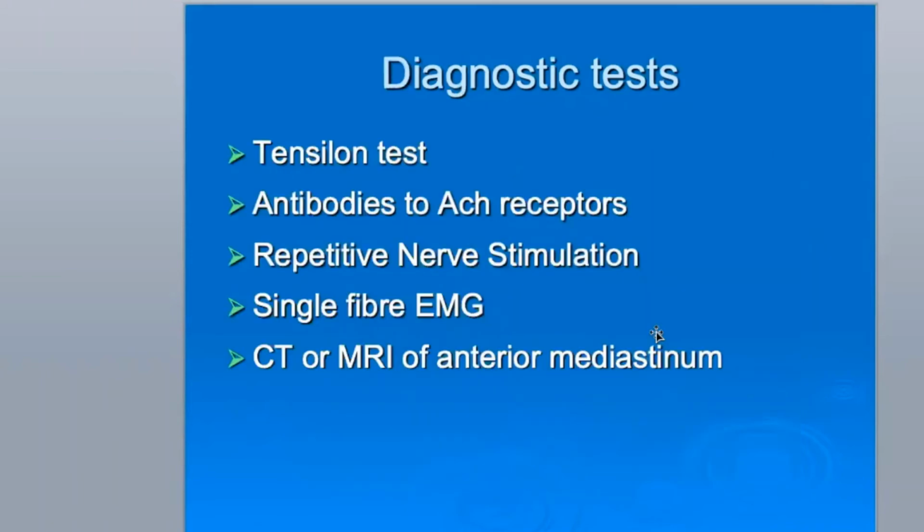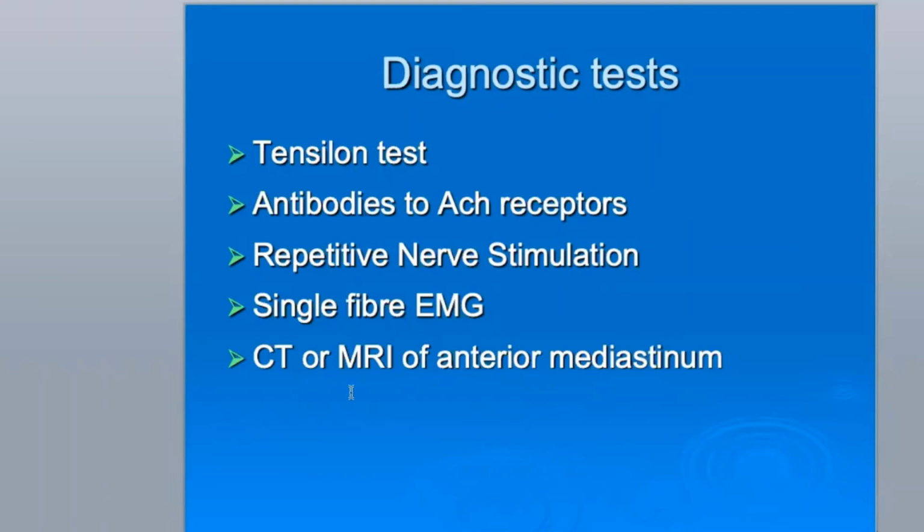Apart from that, you can also do your tensilon test, your antibody towards your acetylcholine receptors. We can do the RNS, the repetitive nerve stimulation test, single fiber EMG, or even a CT scan. Now in MG, remember they have this thymus gland enlargement.